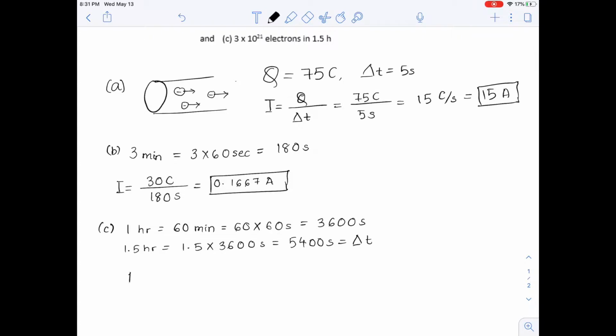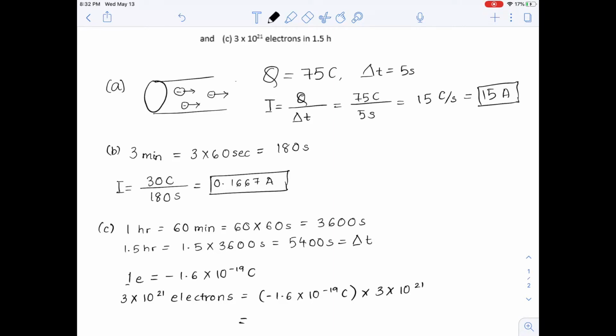The charge of 1 electron is given as negative 1.6 times 10 to the power negative 19 coulombs. Therefore, the charge of 3 times 10 to the power 21 electrons is the charge of 1 electron, which is negative 1.6 times 10 to the power negative 19 coulombs, times the number of electrons we have, which is 3 times 10 to the power 21 electrons.